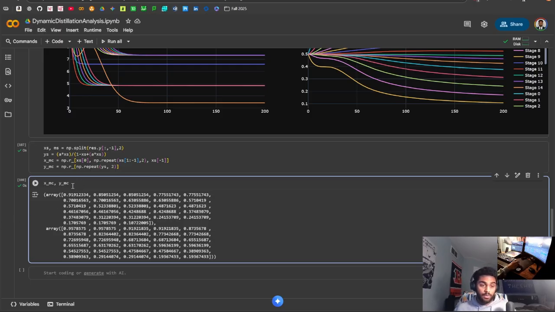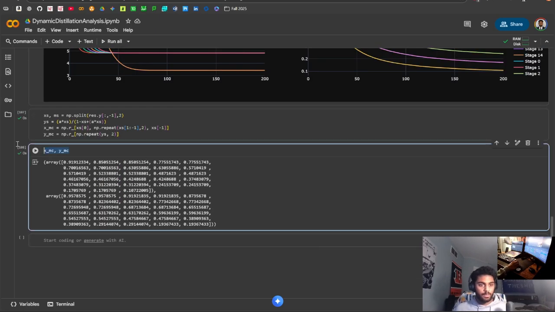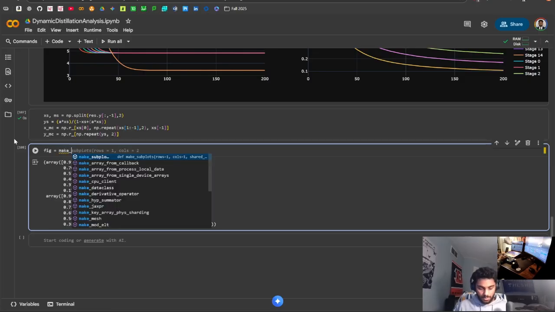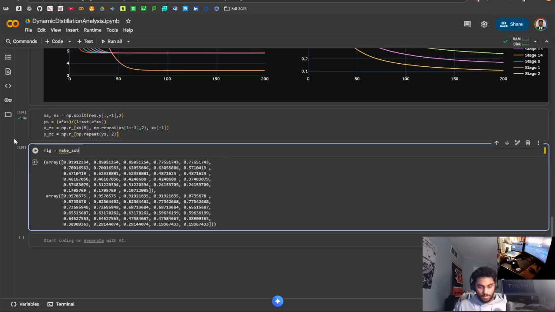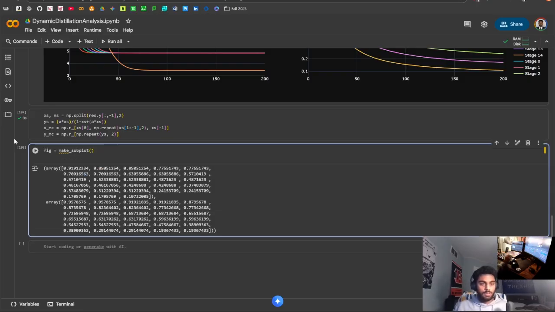We just have to go ahead and plot it out. So let's make a subplot, make subplots. First I will set up the range that I'm going to be plotting over.